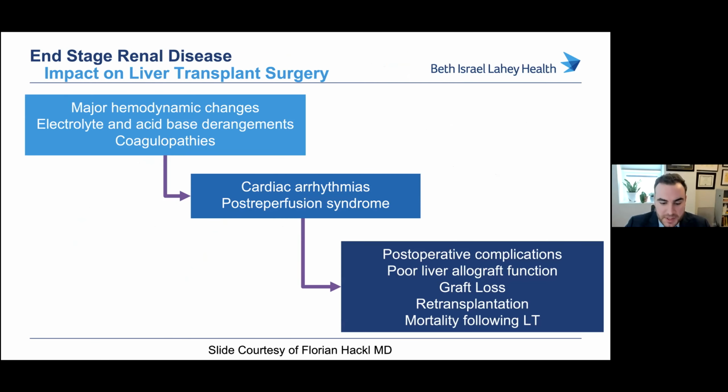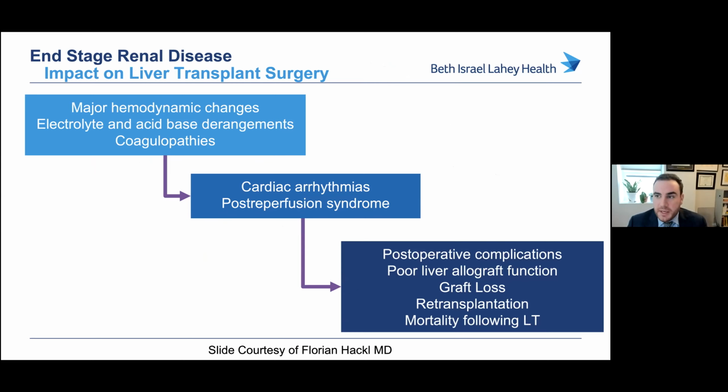Borrowed this slide from Florian, but I think it is useful now that we're transitioning into talking about more of the kidney dysfunctions in the liver and how they affect liver transplants.